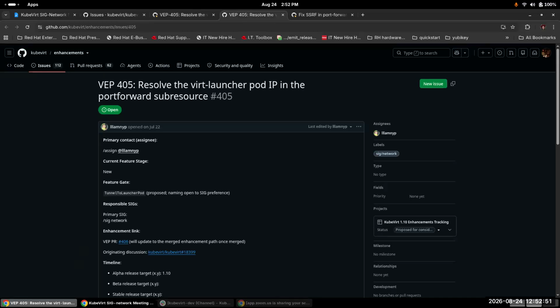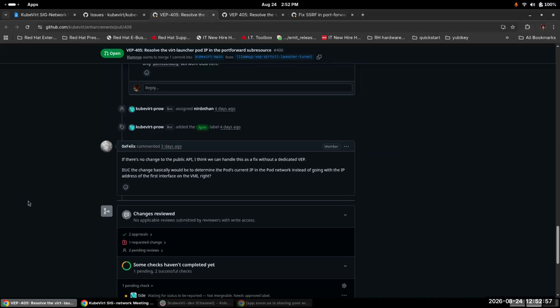Okay, so the web. They gave a scenario where the IP address of the primary pod is not accessible by the Virt API. Downstream we call it UDN, and in other areas it's called differently.